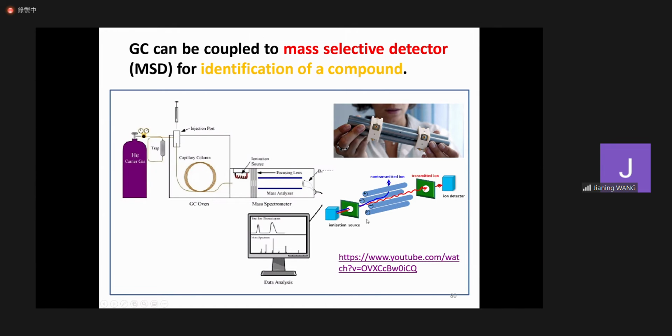Also, as you just saw in the video, the composition of the peak may contain the matrix, for example, from column bleeding. So if we have no mass spectrometer, we have no way to distinguish them further.